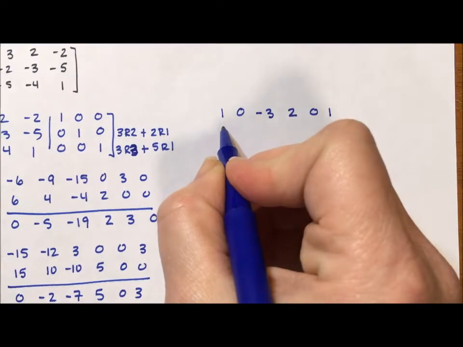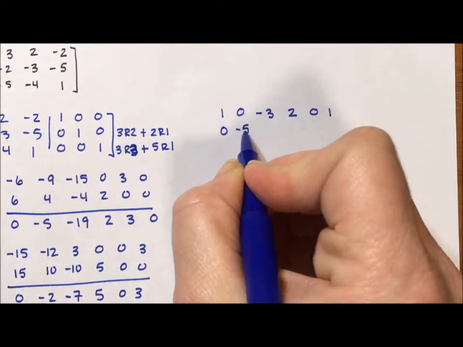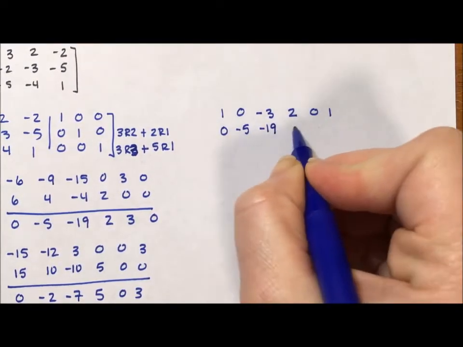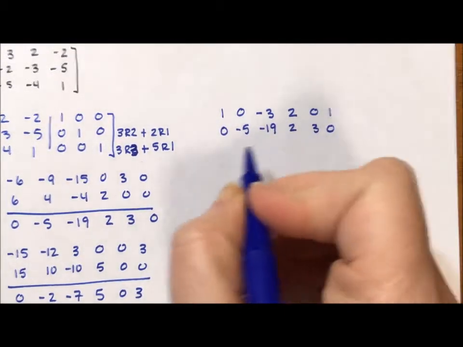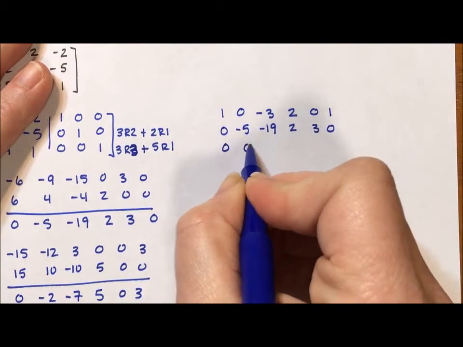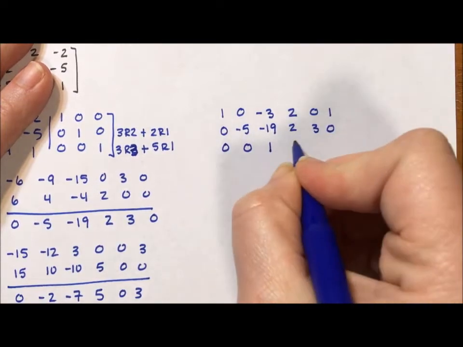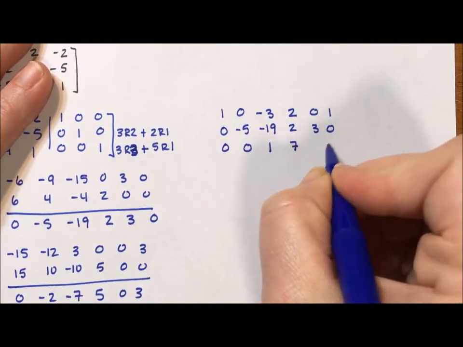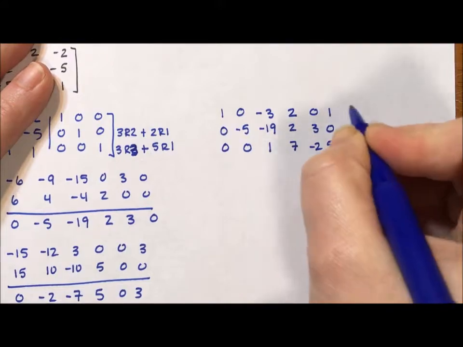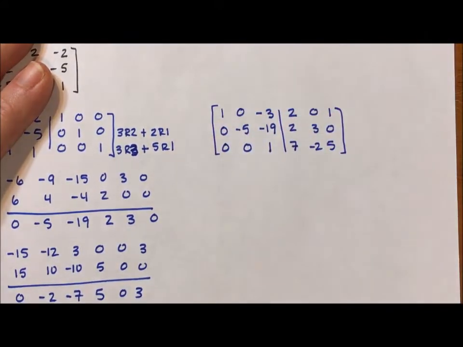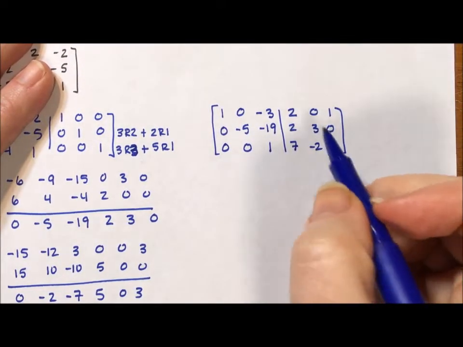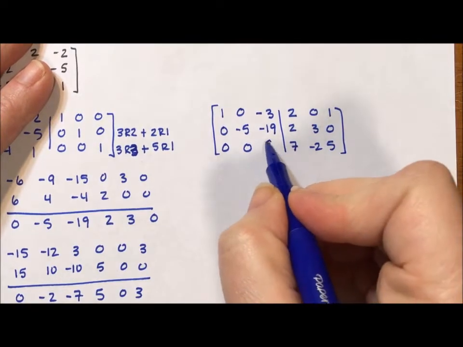My second row that I pivoted on, the 0, negative 5, negative 19, 2, 3, 0, doesn't change, but my last row does, and I get 0, 0, 1, 7, negative 2, 5, because I divided everything by 3 there as well. Okay, so now that I've done that, I'm going to end this by pivoting on this 1.